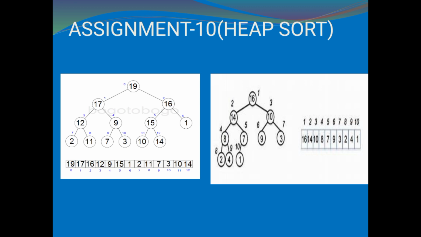You can follow either method. But I suggest giving the numbering from 1 only, so that you don't get confused. Give the numbering from 1 to n. If you give from 0, then it will be n minus 1. Sort these using the heap sort technique.